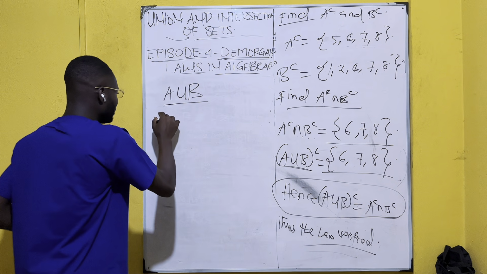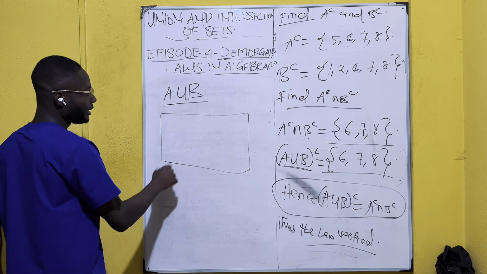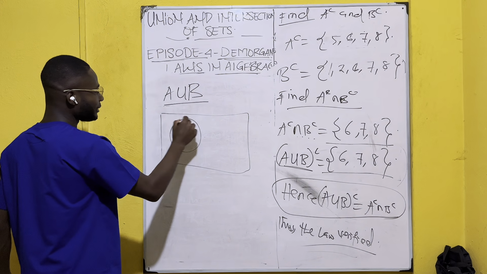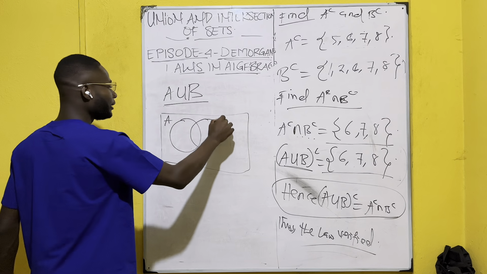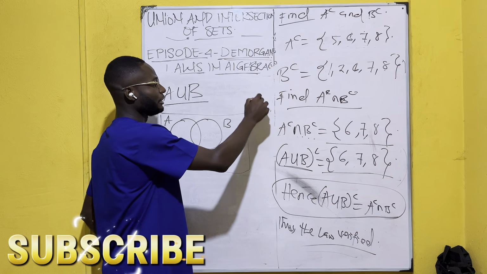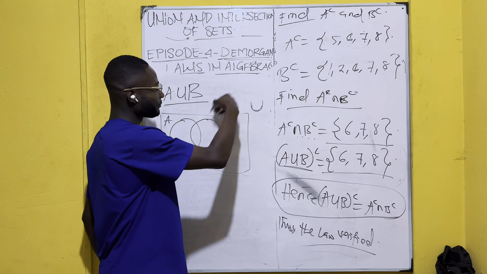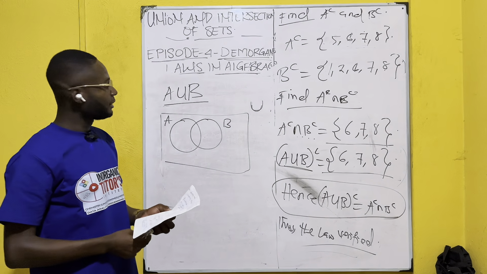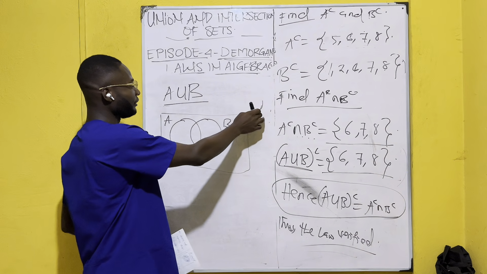So we say that this is our Venn diagram, and this is set A, this is set B. So we call it here A, we call here B, and this is the universal set. So mostly the universal set is what? The whole of the sets, or the whole of the environment.